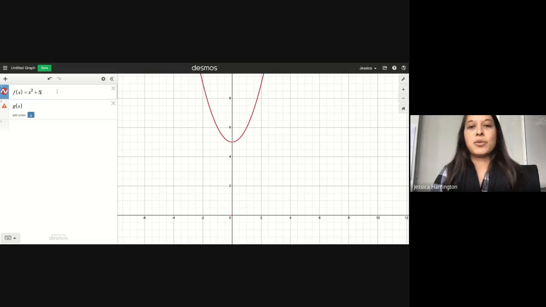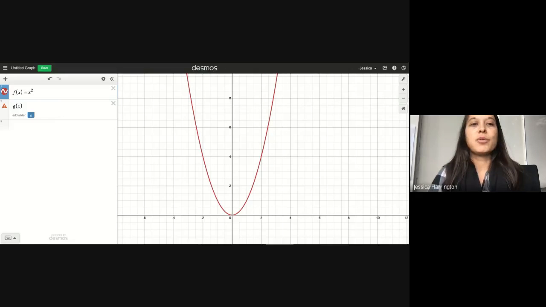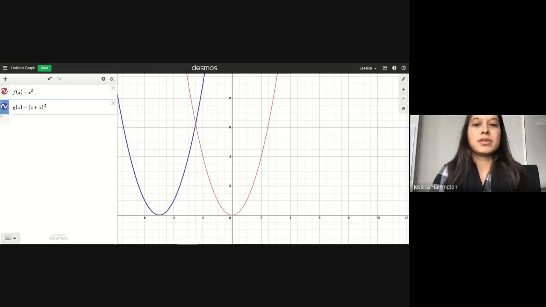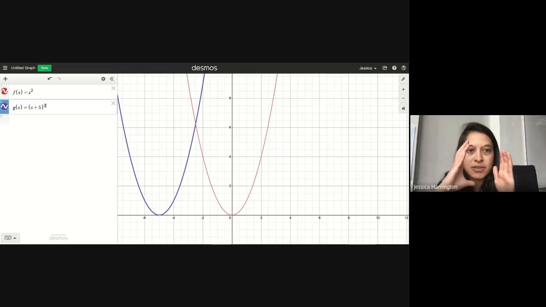But what I mean for a horizontal translation is that instead of, like here, if I add 5 to the whole function, you see it moves up 5. Instead of adding 5 to the whole function, what if we just add it to the x? So x plus 5, and then all of that is squared. If I just add 5 to the x inside the parentheses, it's happening just to the x. You can see that the points all move from here to here.